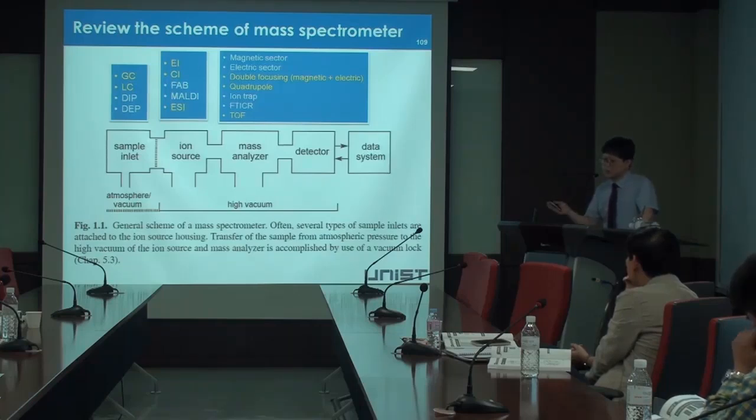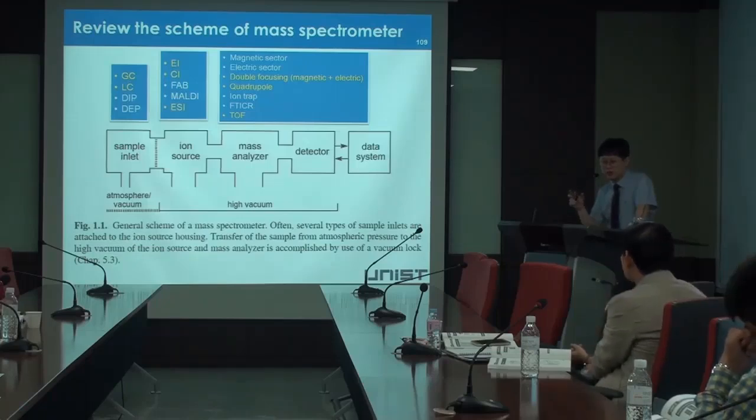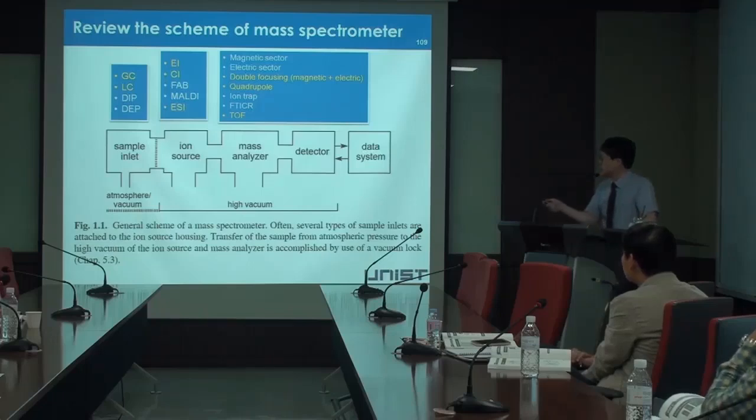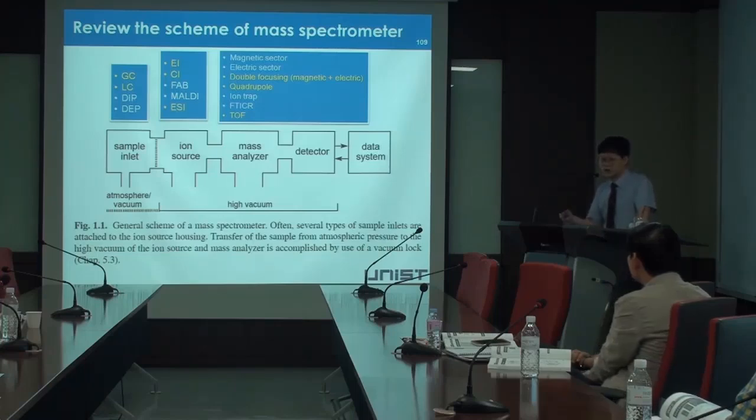Or sometimes the molecule is very soft or weak, and then we use CI, adding some gas. And if the chemical is also very soft and a large molecule, then we use ESI, electrospray, for liquid samples. But ESI is liquid with LC, not GC.